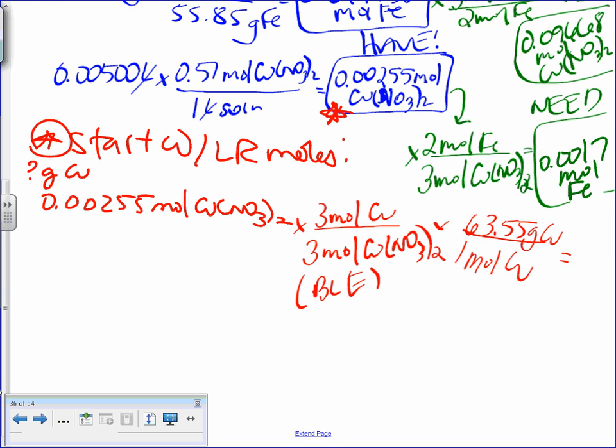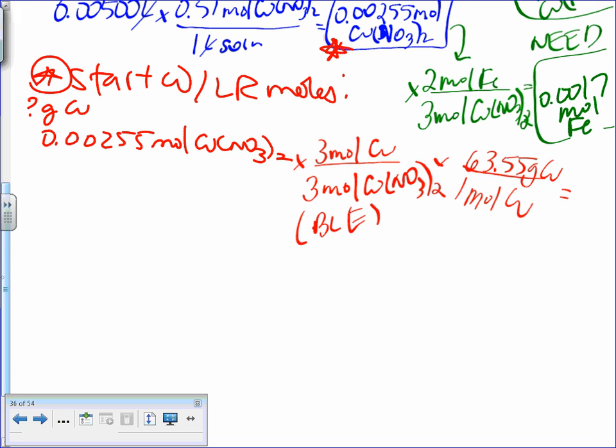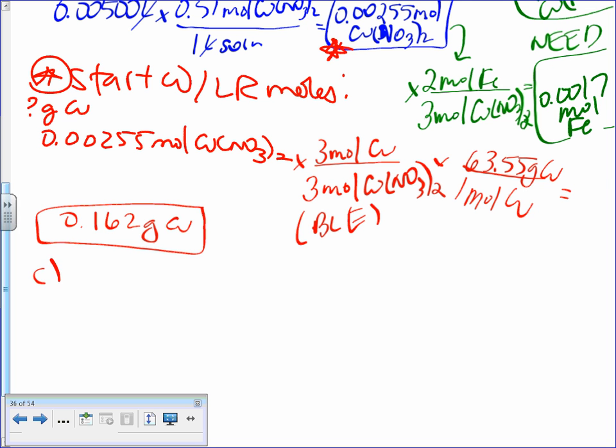What is it? 0.162 grams of copper. I'm guessing that's what you said. Cool. All right, so that's answer B. We went from moles of our LR, moles of designated answer, to grams of that answer. Got our grams.